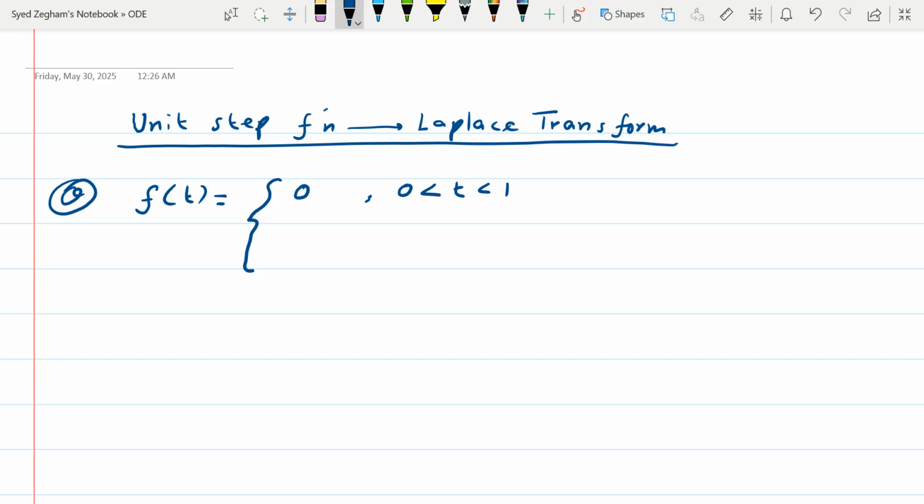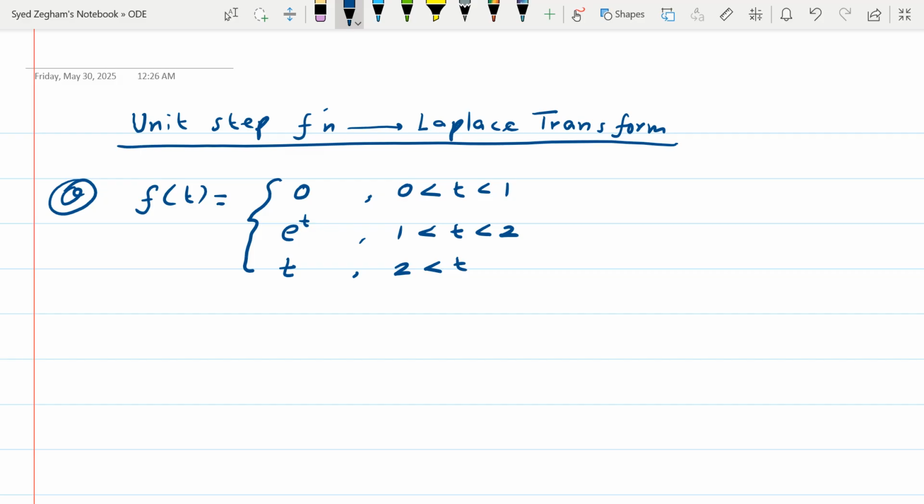Then let us say this is equal to e^t when t lies between, suppose, 1 and 2. And then let us say that the function is equal to t whenever t is greater than 2.